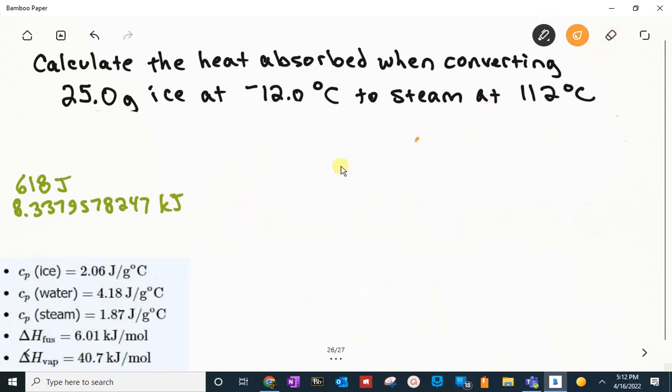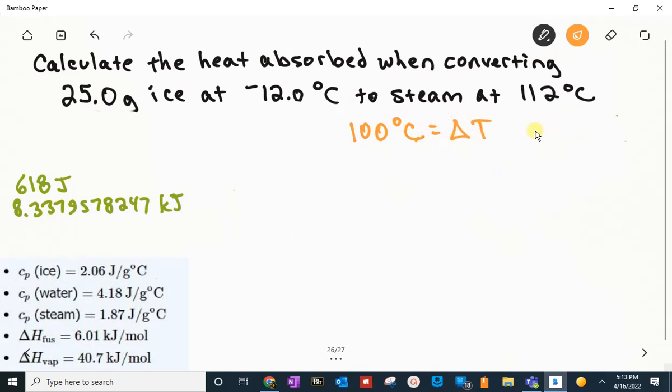Now we need to find the amount of heat for the ice that has melted into water, going from 0 degrees Celsius to 100 degrees Celsius, because at 100 degrees Celsius it starts to turn into steam. So the temperature change would be from 0 to 100, so 100 degrees Celsius is the change in temperature.